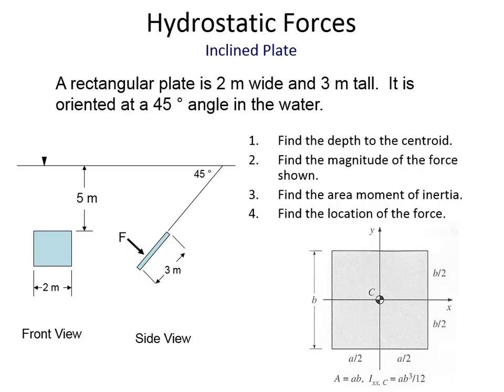Yeah? Could you possibly go the other way and solve y bar first and then solve delta H? Solve y bar first. Yeah, sure. So like, it'd be 5 meters times square root of 2 and then add the 1.5 and that would give you delta y. Yeah, you could find the y bar first, yeah.